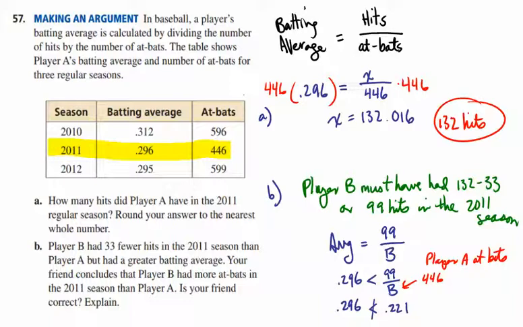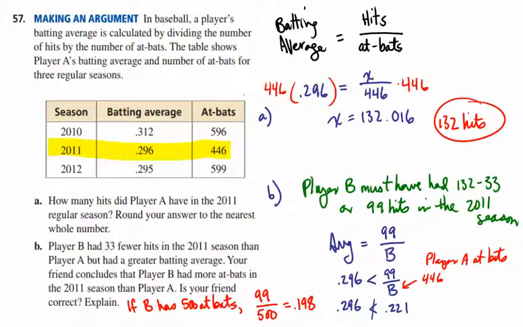If we put 500 at-bats in, then 99 hits, which we know player B has, over 500 at-bats would give us an average of 0.198, which is not greater than player A. So player B has fewer hits but has a higher batting average. That must mean that player B has fewer at-bats than player A.